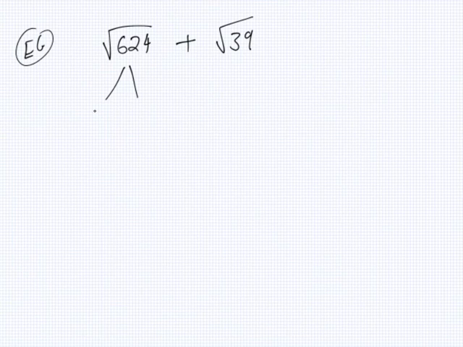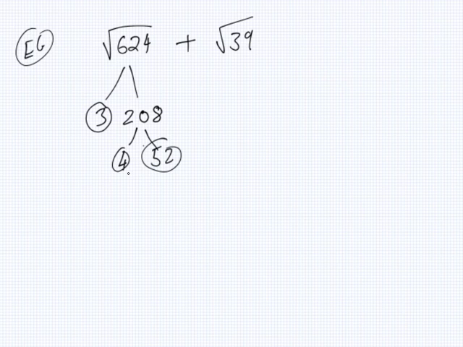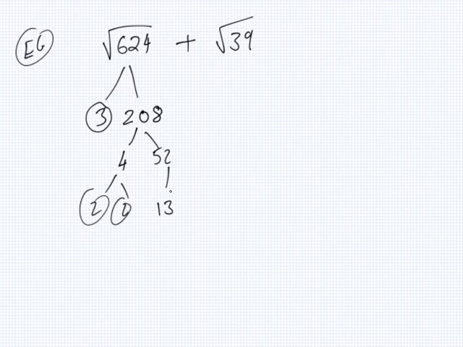624: 3 goes into that. 208. Yes. 4 goes into this, doesn't it? 52. Oh, we're not finished with 4. 4 is 2 and 2. Okay, 52 is 13 and 4, and 4 is 2 and 2.